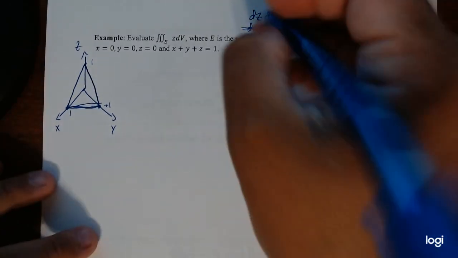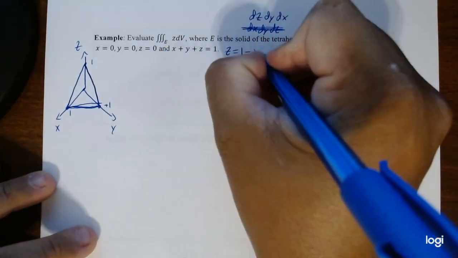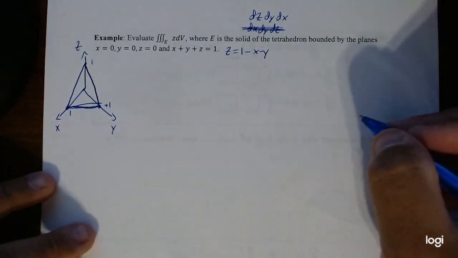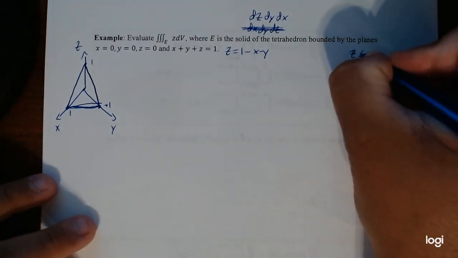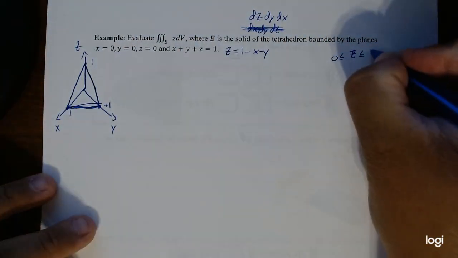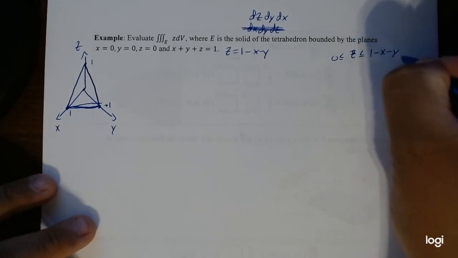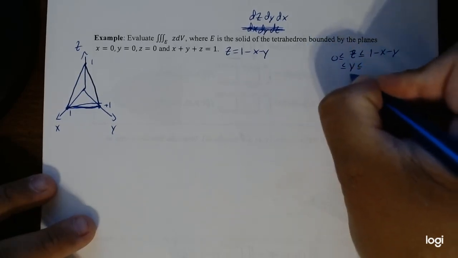So therefore, dz, that means we've got to first solve for z here. So z is going to equal 1 minus all of this. So therefore, we know z is bounded between 0 on the xy plane to 1 minus x minus y.